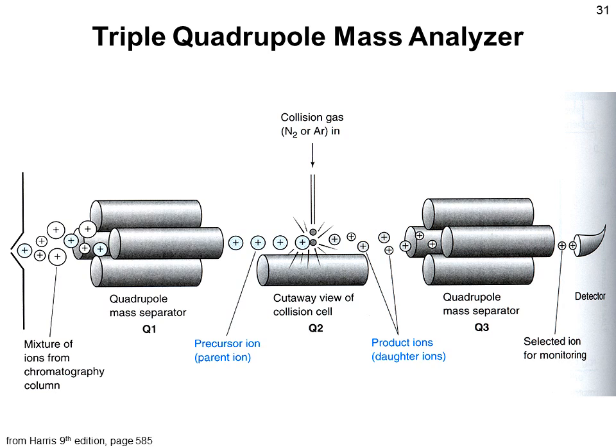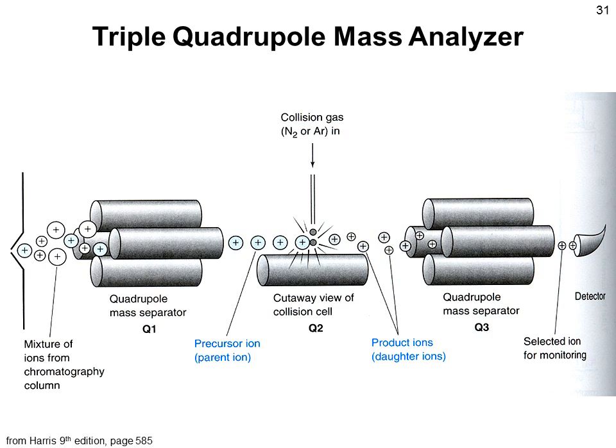You can now direct this ion into the second quadrupole, Q2, which is used as a collision cell. Here the ions collide with inert gas molecules such as nitrogen or argon. In that case, the ions break into fragments. These fragments are subsequently analyzed by quadrupole mass separator number 3.